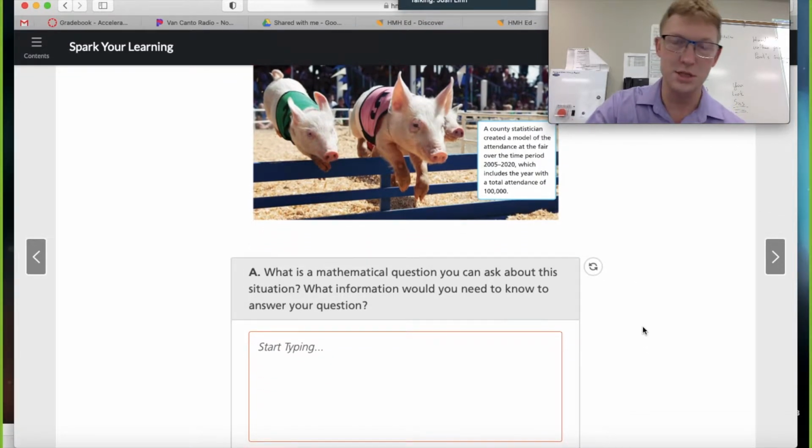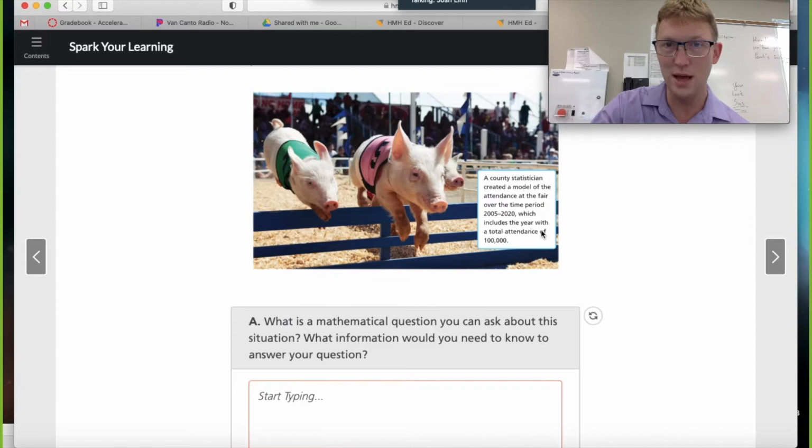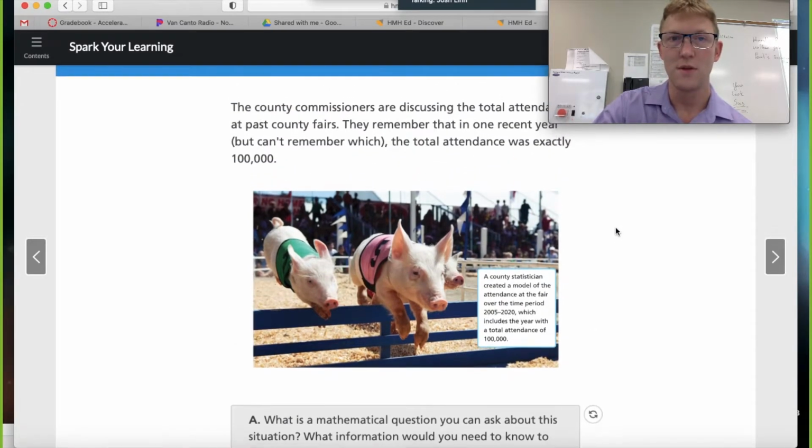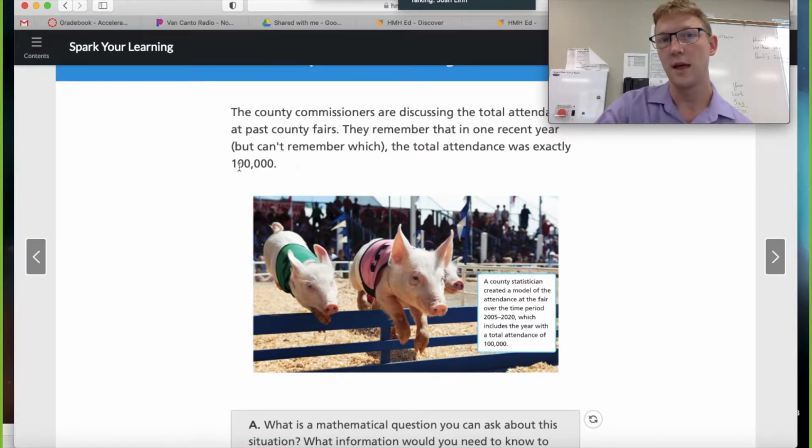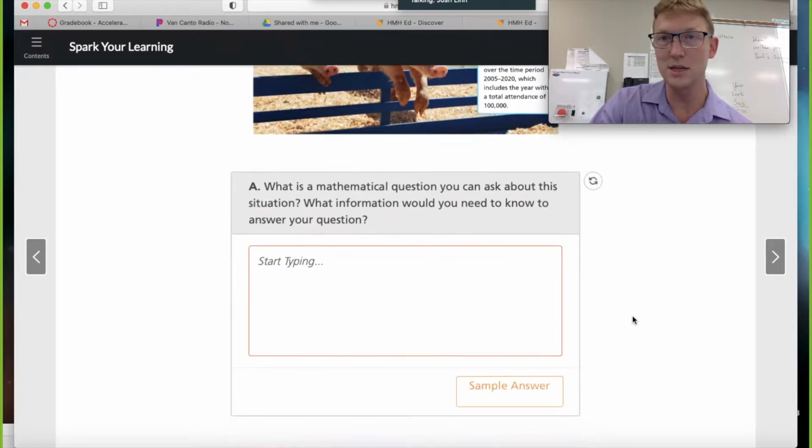What mathematical questions can you ask? Obviously if we can get the equation that he came up with, then we could solve and figure out what year they reached 100,000 people. And then from that year, they can figure out what they did right, so hopefully they can continue to make their fair better.